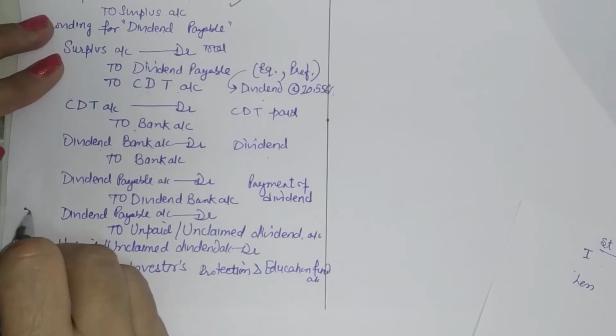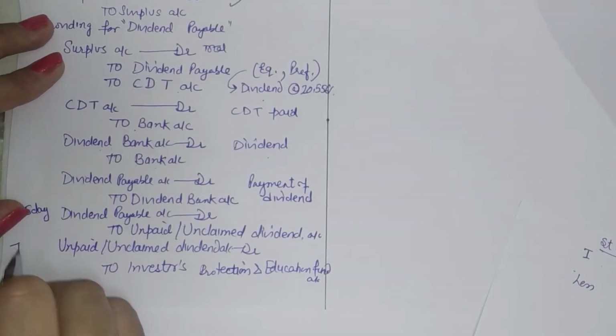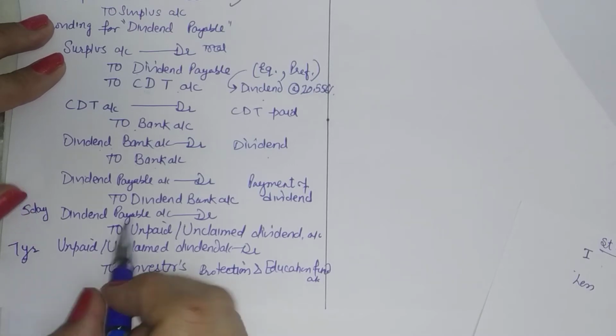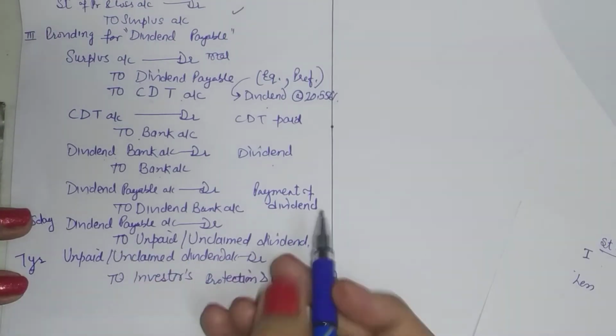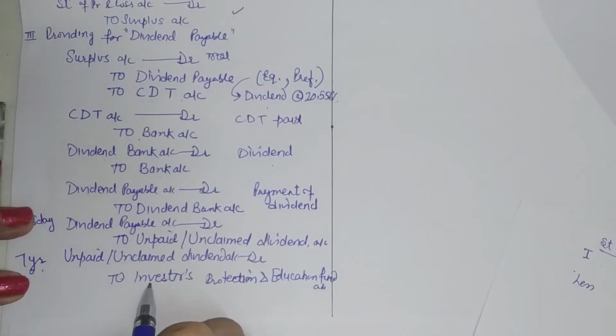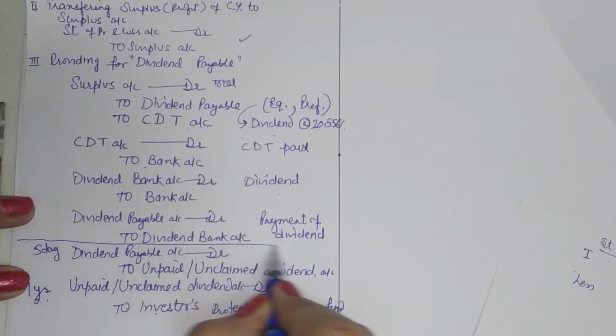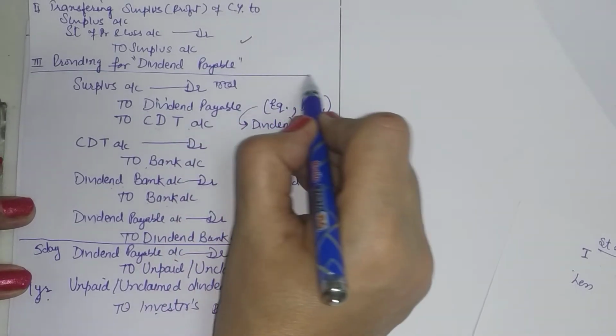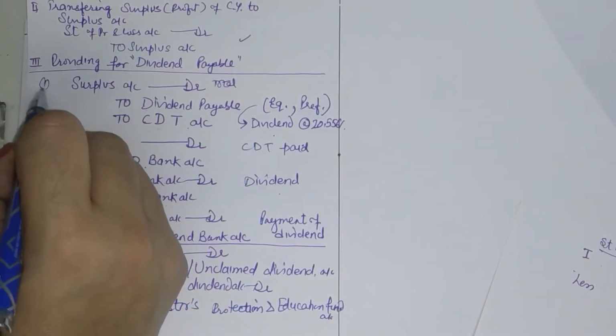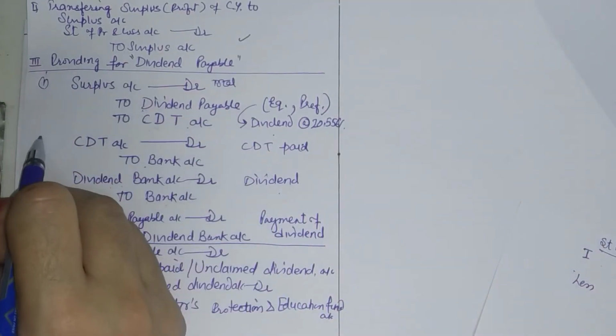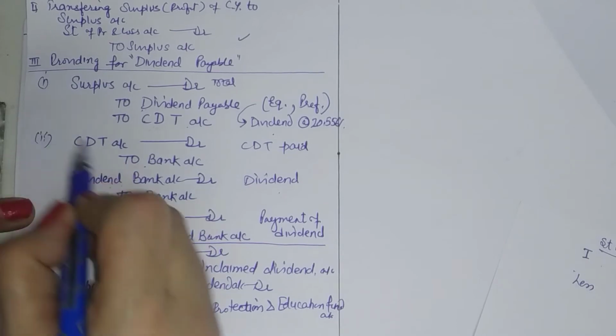Now this is within 5 days you are to do this. This is within 7 years. If the person doesn't come for payment, then after 7 years this amount will be transferred. So just remember, our main entries of dividend are these only. You provide for dividend out of your surplus, then you pay corporate dividend tax.